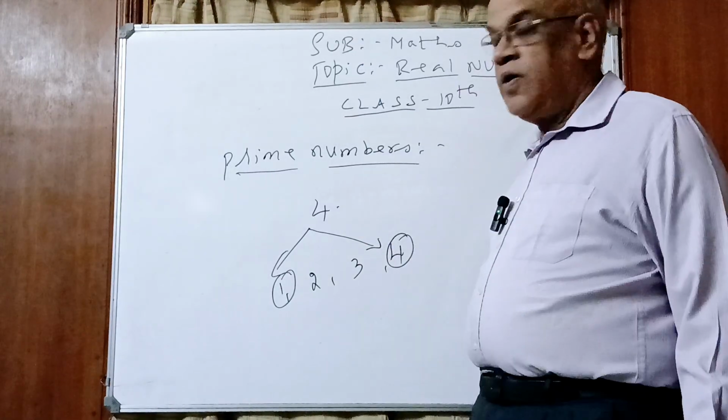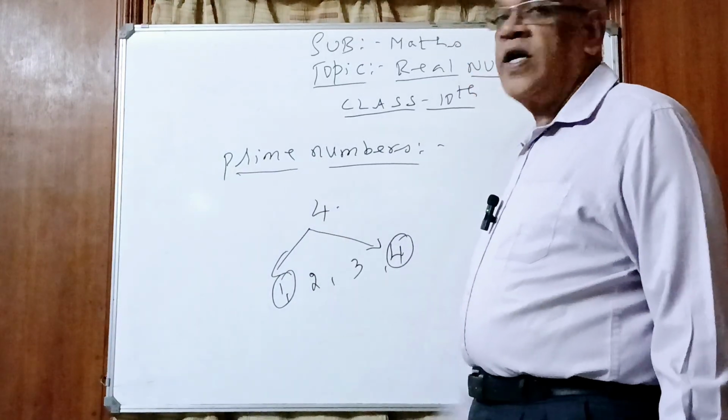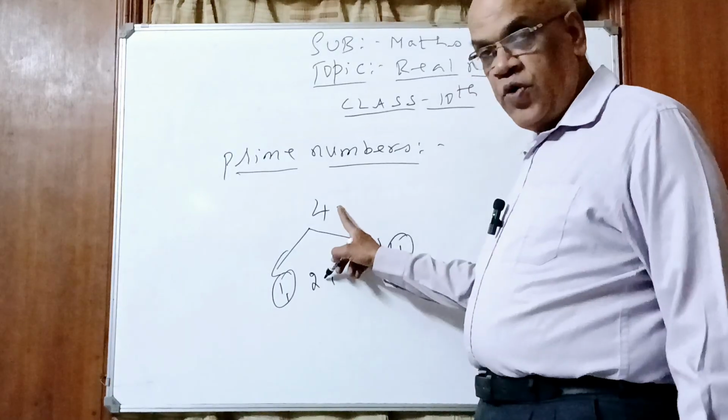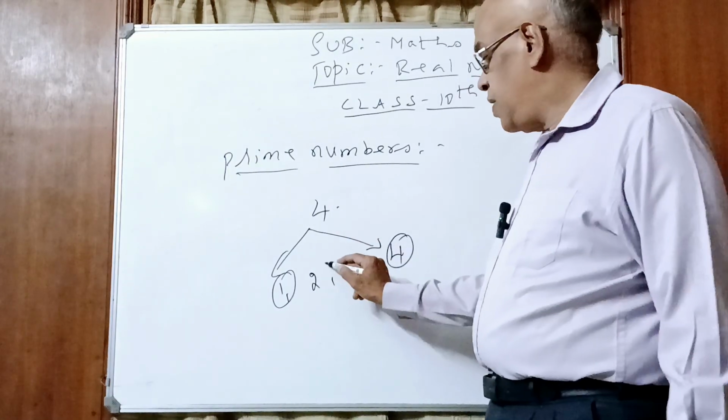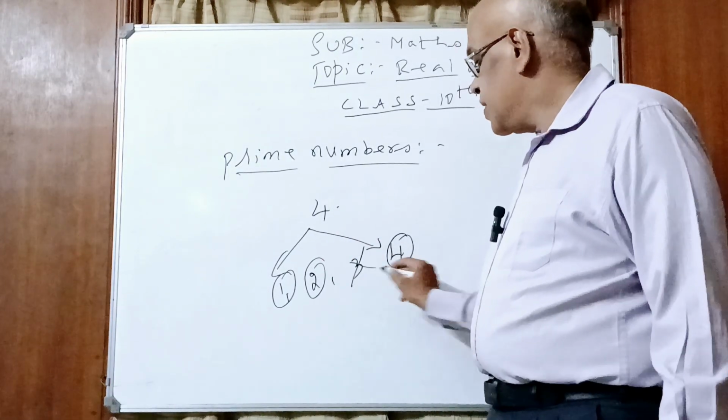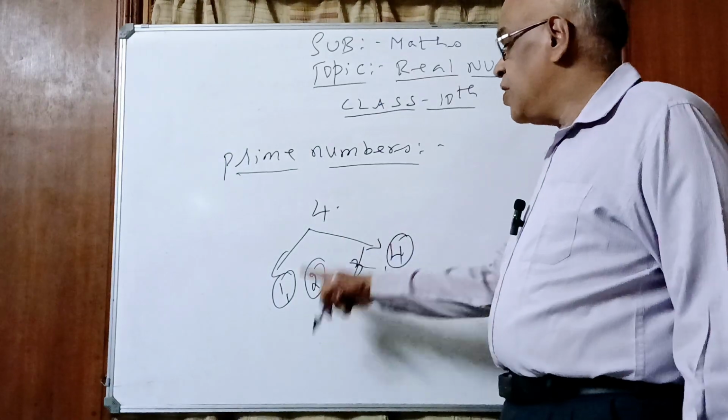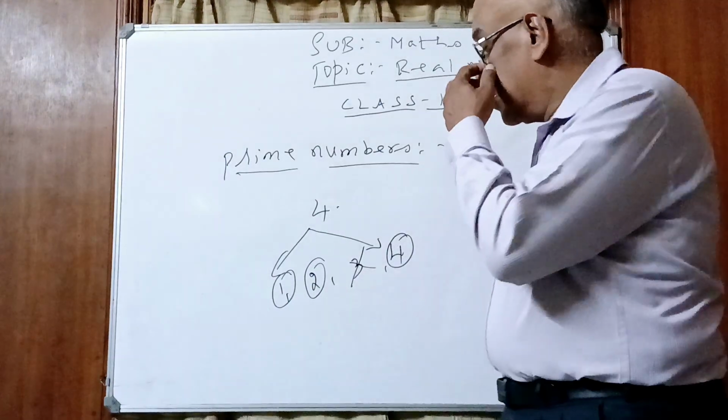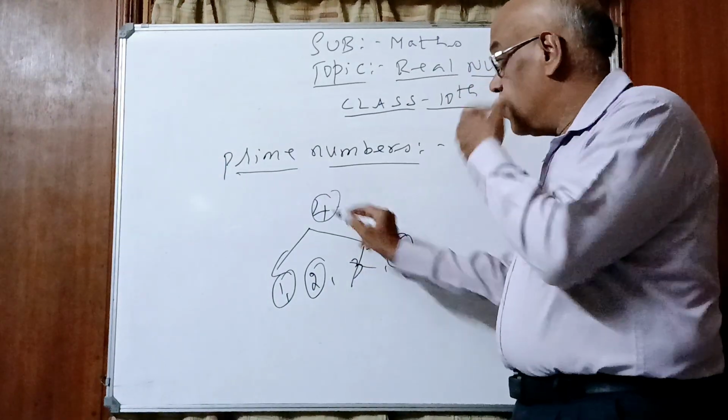2 also is a factor of 4, because 2 divides 4, or 4 appears in the 2 table. 3 is not a factor. So 4 has how many factors? 1, 2, 4, three factors. So 4 is not a prime number. What is a prime number?